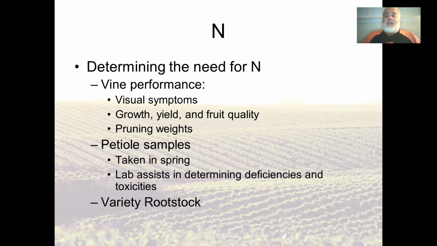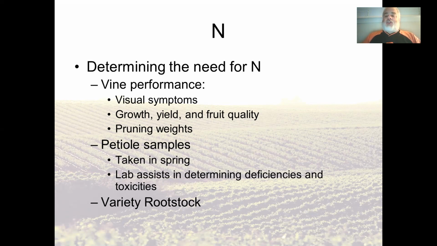Keeping track of that helps you monitor the actual weight of material, and that is nitrogen leaving the field. And there's a calculation you can use that can help estimate, depending on what time of year you're doing your pruning and other factors, how much nitrogen you actually took out as pruning.